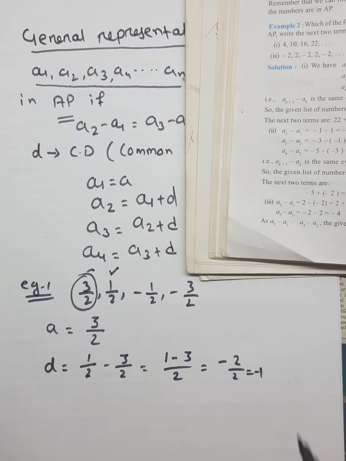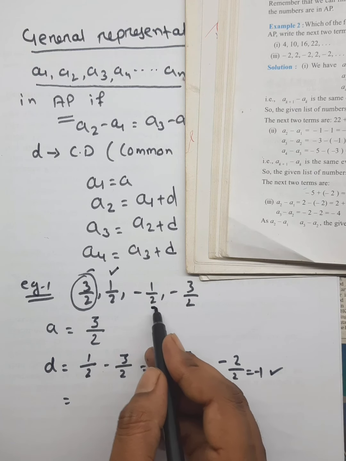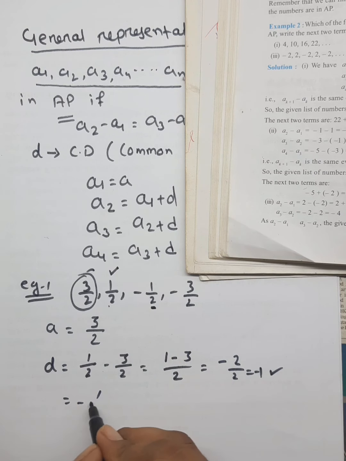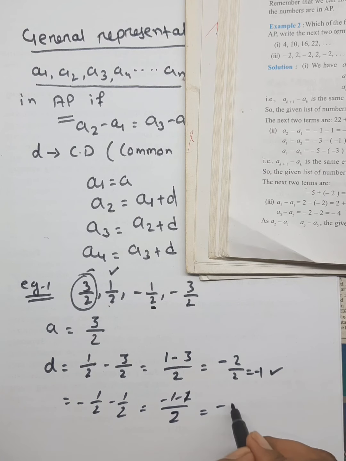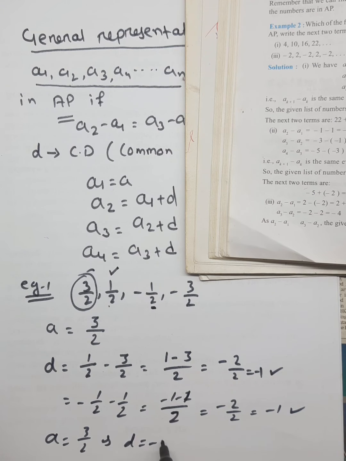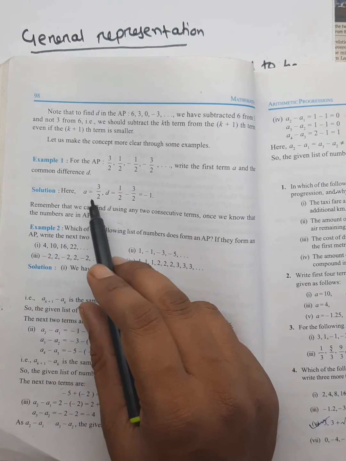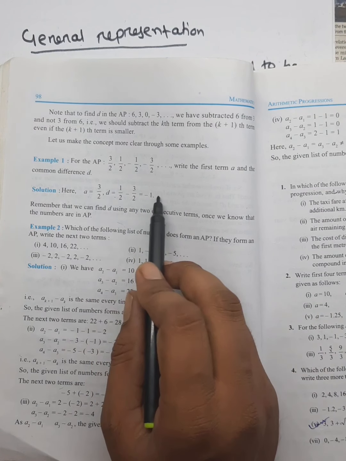Also you can get it by subtracting: minus 1 by 2 minus 1 by 2, which is minus 2 by 2, that is minus 1. So A is 3 by 2 and D is minus 1.